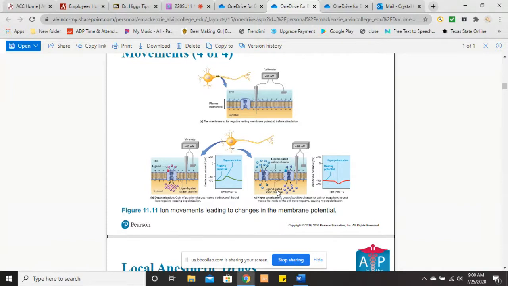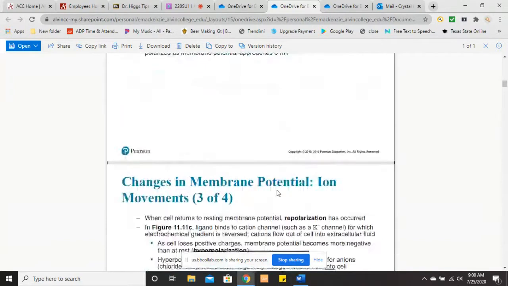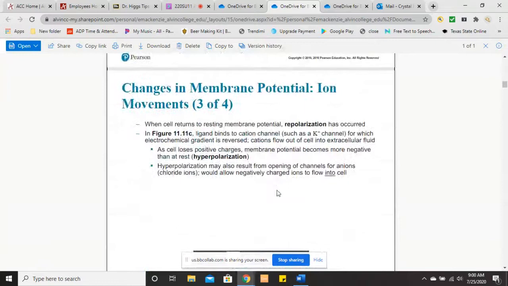When you go back to having this polarity, we say you've repolarized. To repolarize is you just going back to being negative on the inside again. But your neurons, it's like they do too much. They become more negative than they were at their resting membrane potential, than they were to start off with. They hyperpolarize.